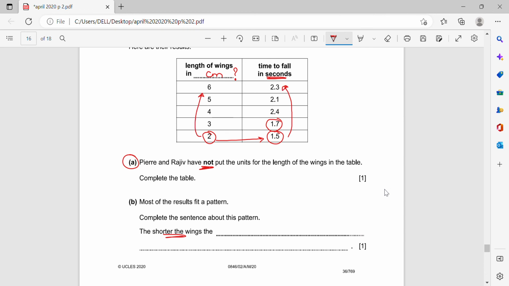So the shorter the wings, what will the time be? The shorter the time, or the faster it falls. Great. So the shorter the wings, the faster it falls. Here I have 2 centimeters, 1.5 seconds and it fell. When 3, 1.7. So the shorter the wings, the faster it falls.